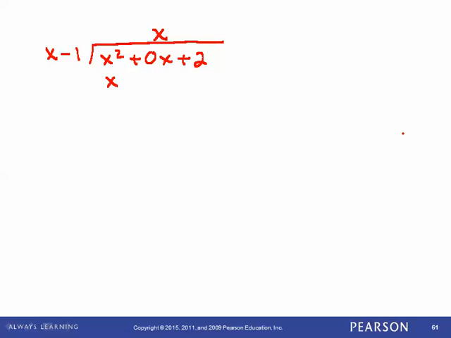X times x gives you x squared minus 1. So subtract or add the opposite gives you x plus 2.